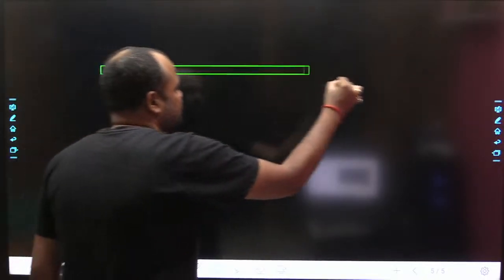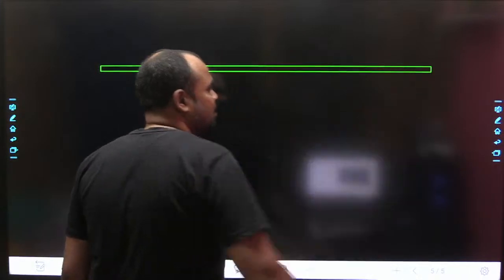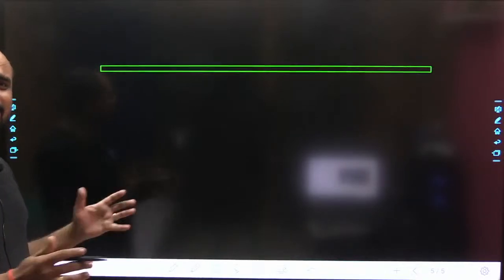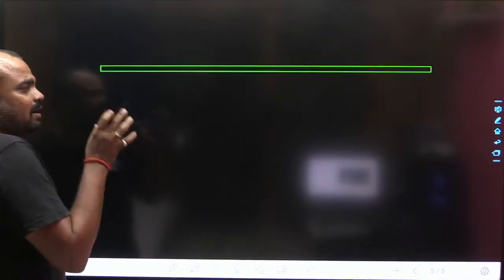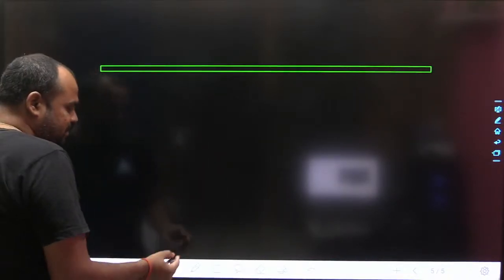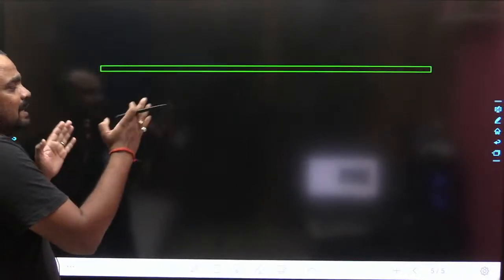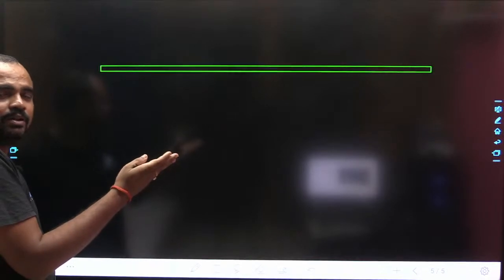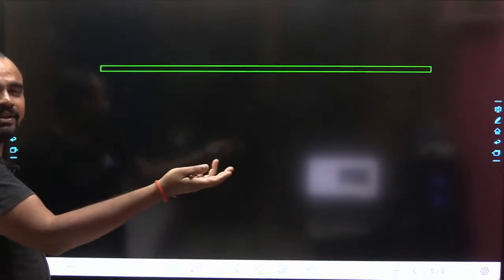Okay, real situation. Suppose you are sending a long stick. Okay, suppose you are sending a long stick. Now you have implemented a logic for this stick, that is, in how many parts this particular stick should be cut by the receiver.